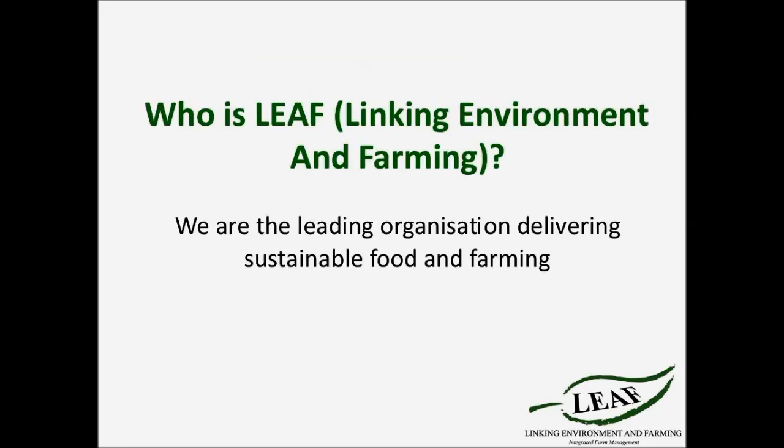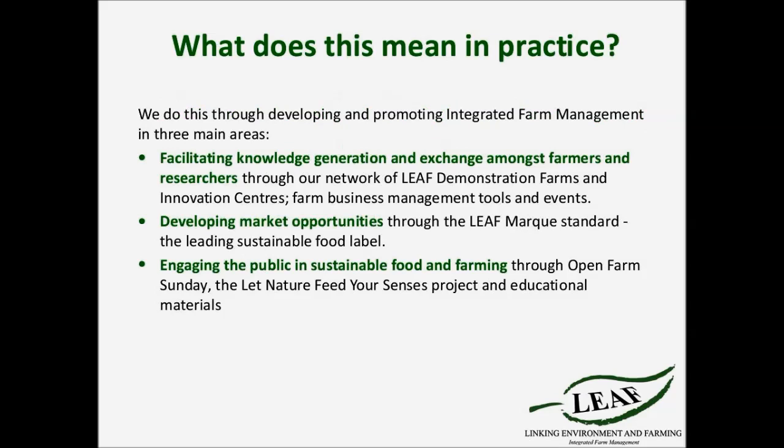So what we are at LEAF is we're the leading organisation delivering sustainable food and farming, a farming and environment charity with particular aspects in terms of looking at a farming system that embraces the best of modern technology, but in addition to that, the best of traditional methods through integrated farm management.